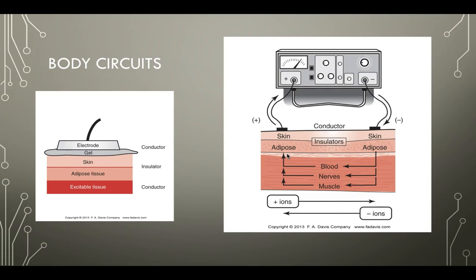Tendon, fat, and bone are really poor conductors because they don't have a lot of water content. Nerve is a great conductor, but nerve is surrounded by fat cells, what we call Schwann cells, and we have to get through that fat in order to target the nerves. So we potentially have to use high intensities or high durations to target some of those.